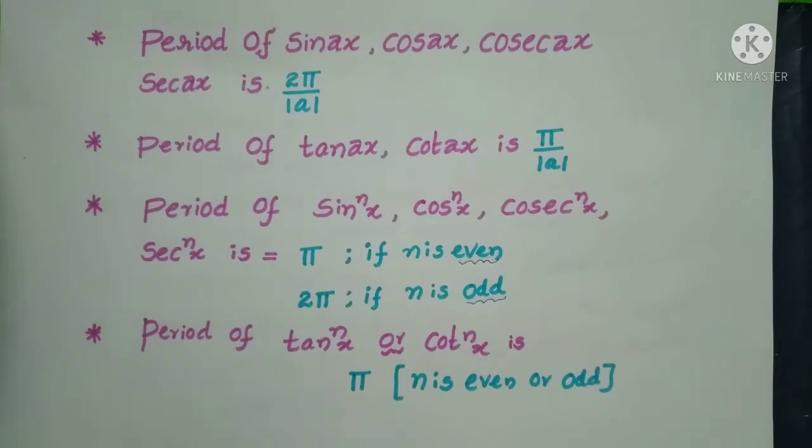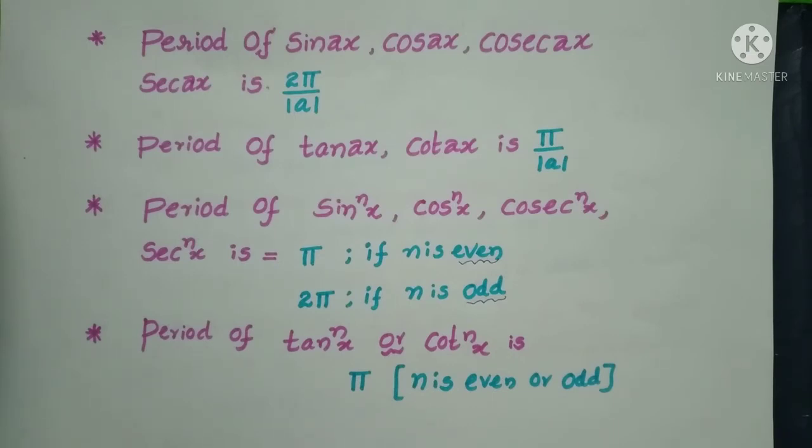Next, the third one: the period of sine to the power n of x, or cos, cosecant, or secant to the power n of x. We get two cases, because the period depends on the power n. When n is even, the period is pi only.